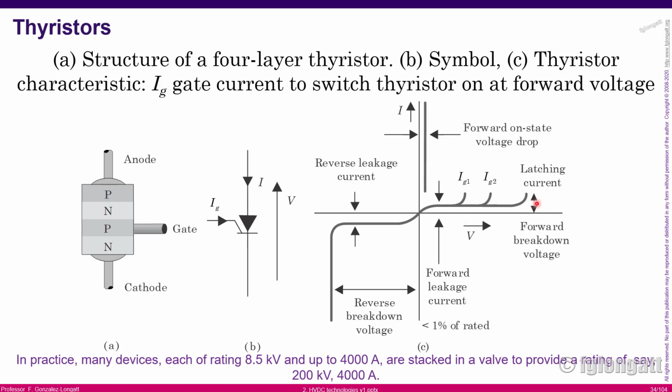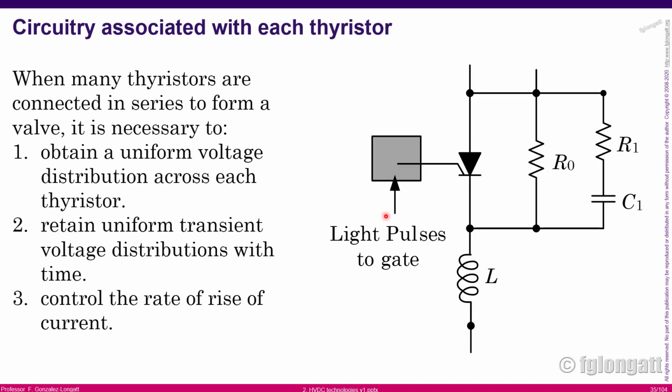As you can see, depending on the gate current, you can see different moments where the device starts to conduct, okay? But I will not go into details over here about that, okay? This is more for my power electronics colleagues. What you need to understand here is that the gate current is especially important to switch on the thyristor, and when the voltage changes polarity, the device is open, okay?